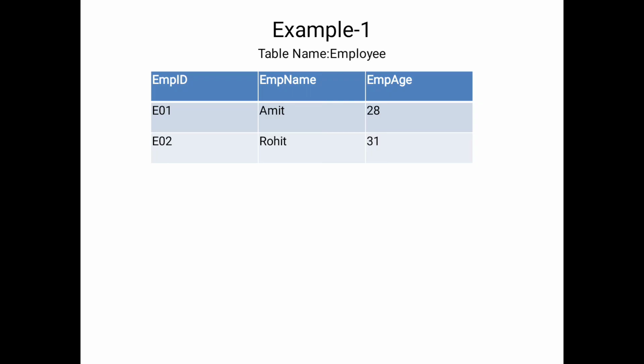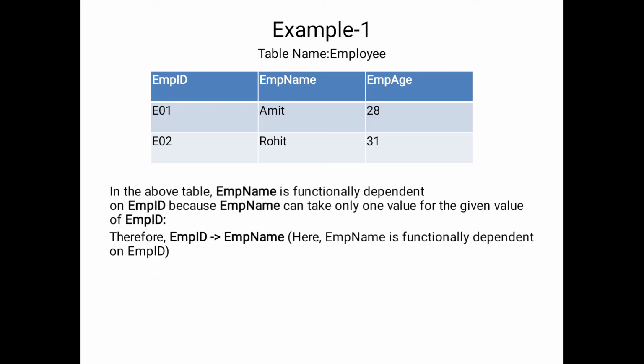Rohit. So here the employee name is depending on the employee ID. In the above table, employee name is functionally dependent on employee ID because employee name can take only one value for the given value of employee ID. Therefore employee ID implies employee name.